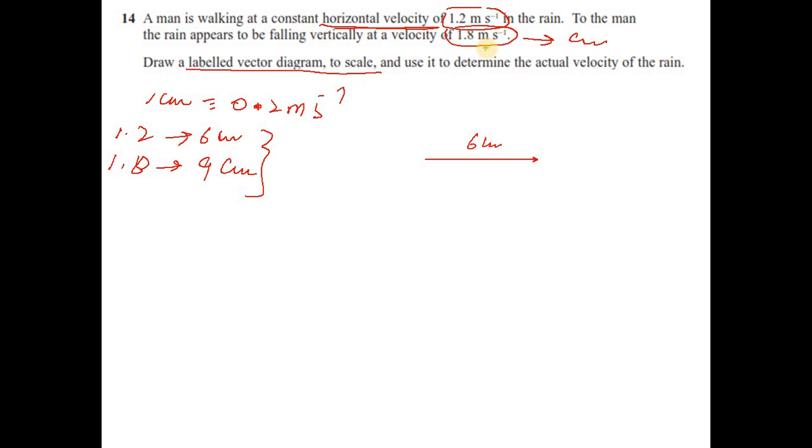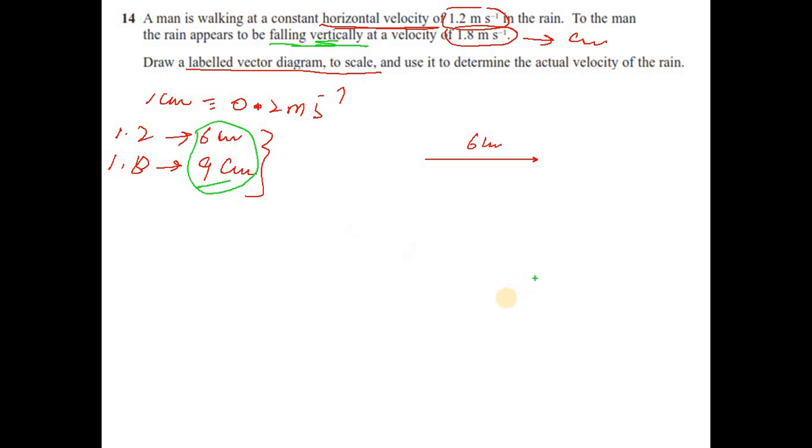For 1.8 m/s, because the rain seems to be falling vertically, for the man the relative velocity of the rain is 1.8 m/s vertically, and I need to add these two. For 1.8 I'm going to draw a 9 centimeter line, and remember I need to add these two vectors using the head to tail rule.